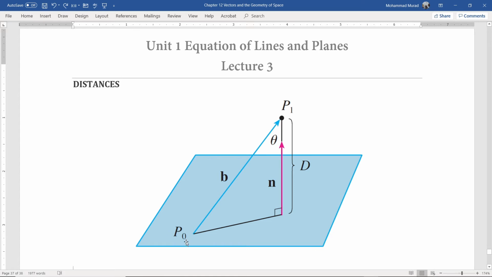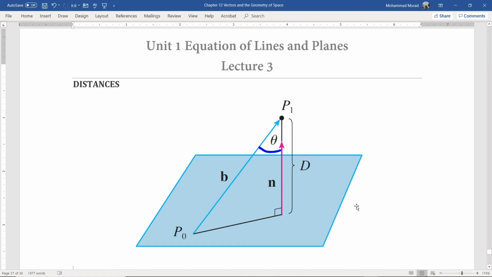Consider a point P sub 0 on the plane and n be the normal vector to the plane. And let B be the vector P sub 0 to P. And we also assume the angle between the vectors B and n is theta.